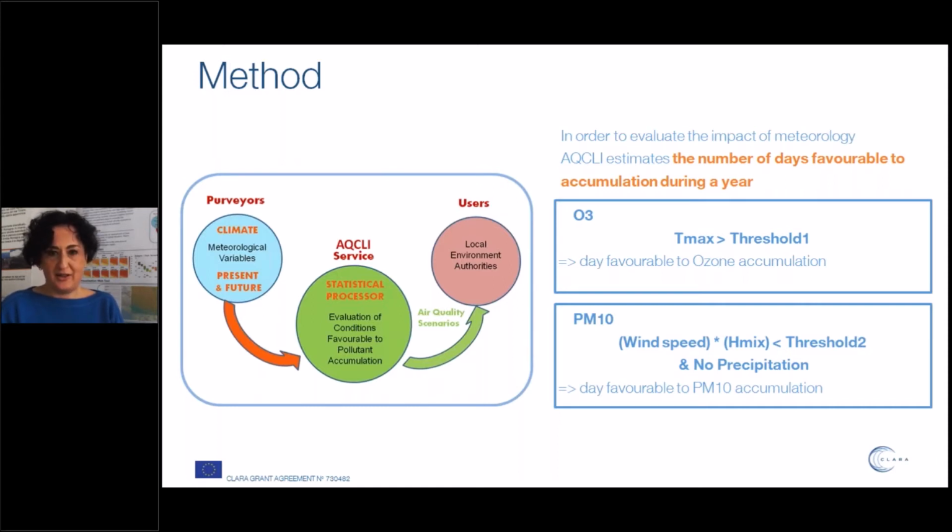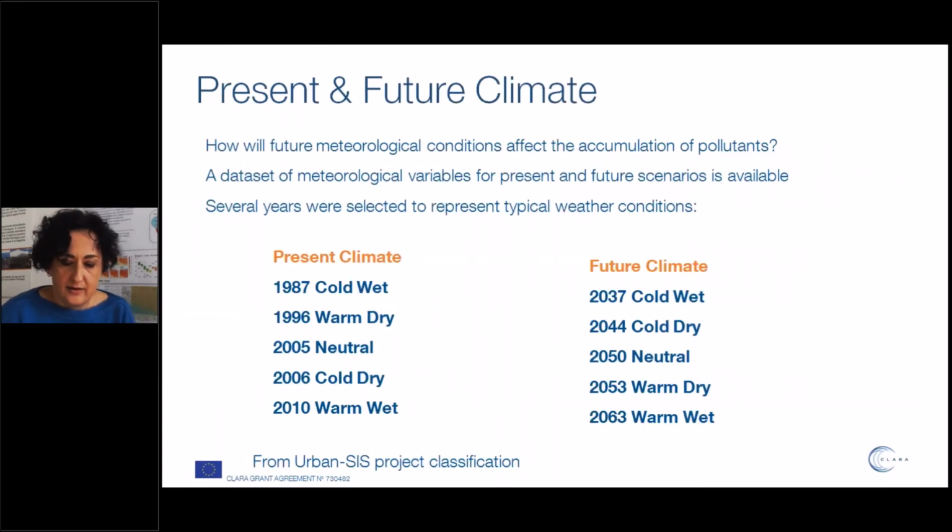High concentration of PM10 occurs when the boundary layer is small, when the wind speed is low and there is no precipitation. In those cases, the day is considered to be favorable to PM10 accumulation. The thresholds for these relations are tuned for the area around Bologna and are typical of present climate condition.